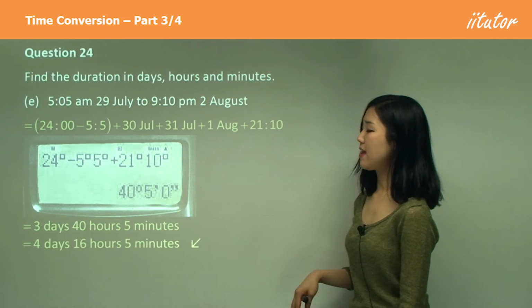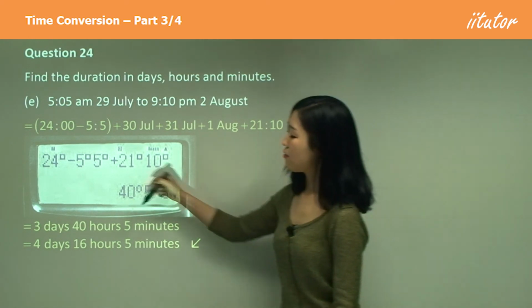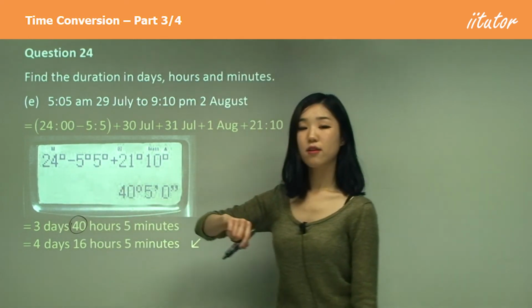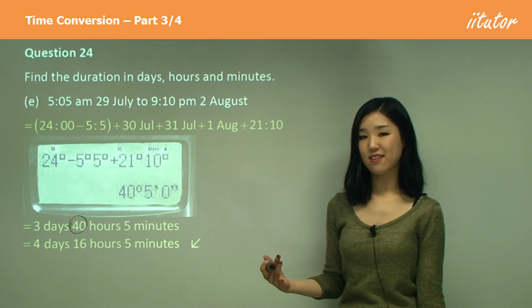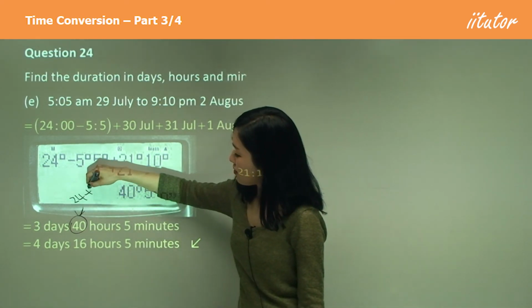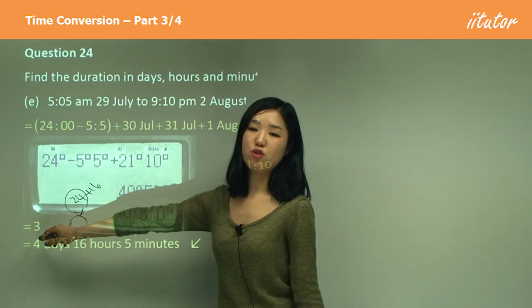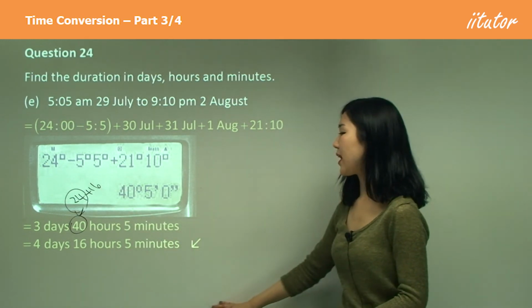So that's 4 days, 16 hours and 5 minutes. Because 40 hours is more than a day, isn't it? So we can just add, that's 24 plus 16 hours, isn't it? So 24 is 1 whole day, so we just added it on to 3. That's all I did there. So it's 4 days and 16 hours.